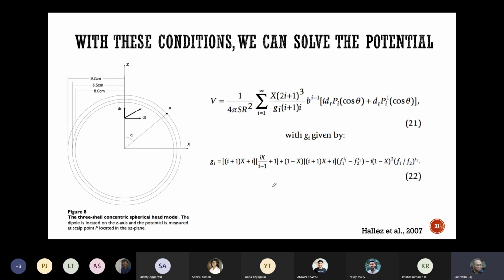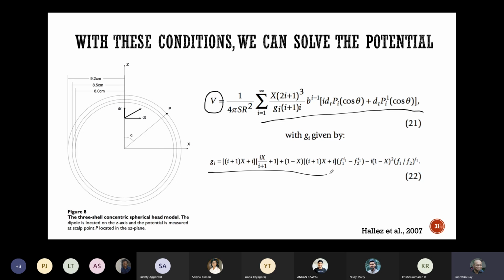The poor fellows who didn't have fast computers back in the days actually did it the hard way. This is all math here. This is the voltage at any location on the scalp, and it's given by this formula here. You might be wondering what G and X are.